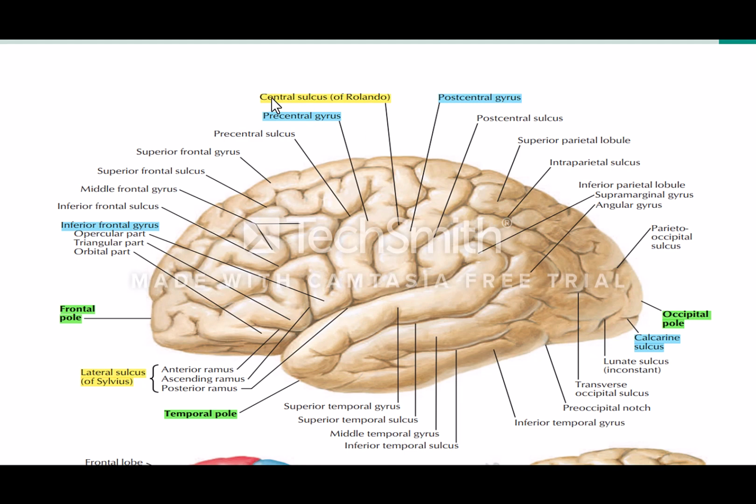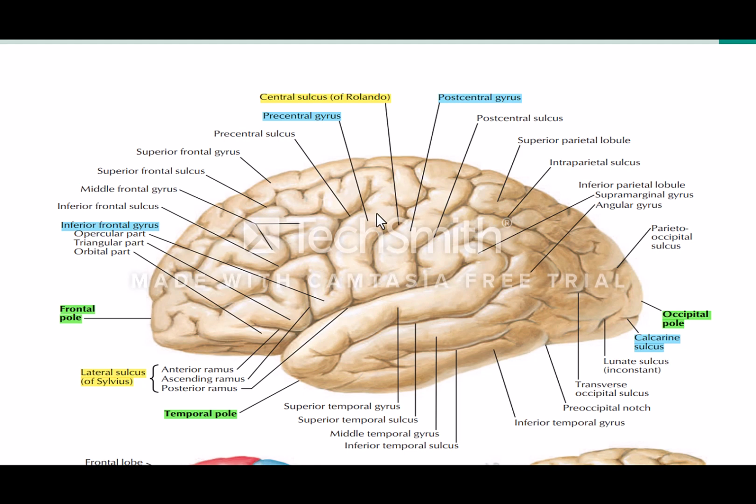Here I've highlighted the central sulcus of Rolando. It's a groove separating the frontal lobe and the parietal lobe. Very prominent groove there, the central sulcus of Rolando.